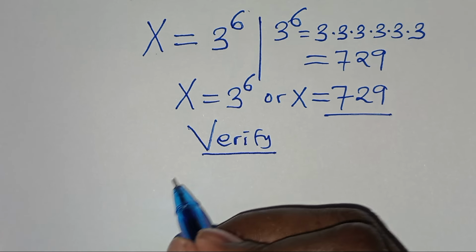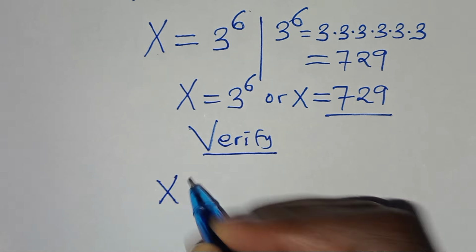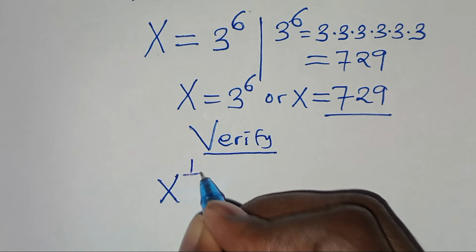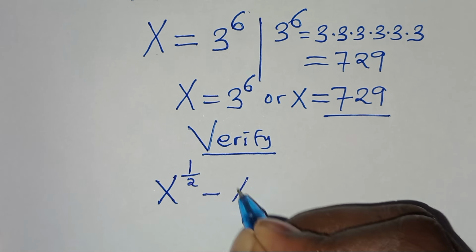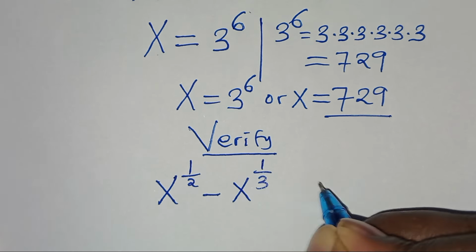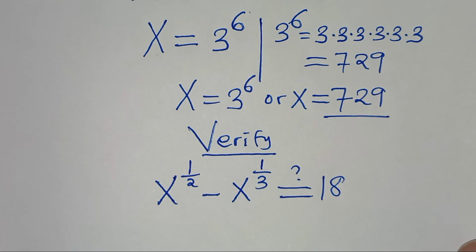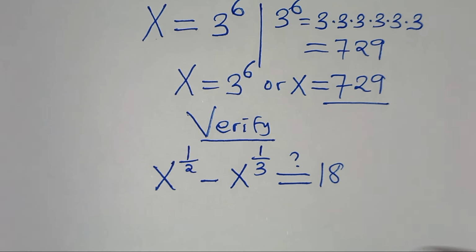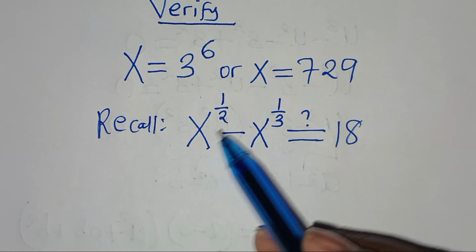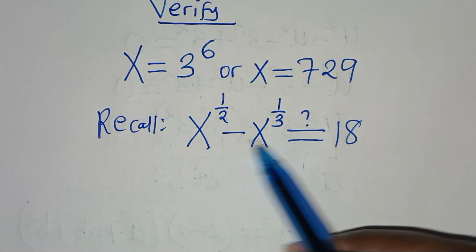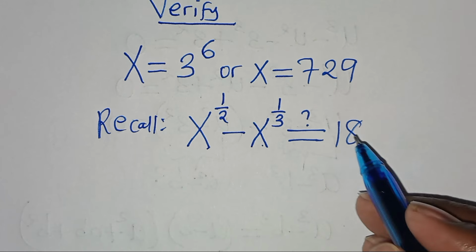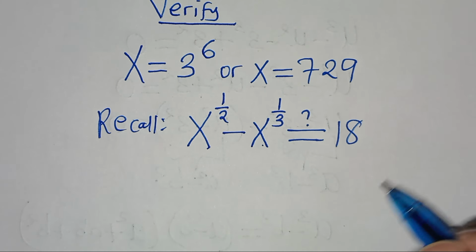So if you recall, we have that x to the power of a half minus x to the power of 1 over 3 should give us a value of 18.